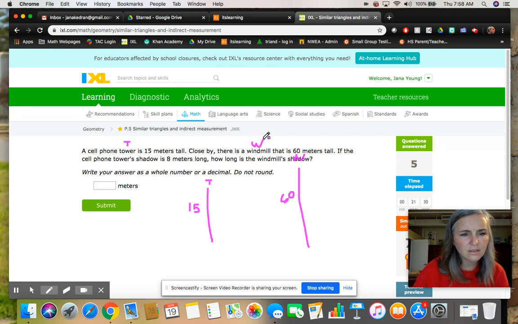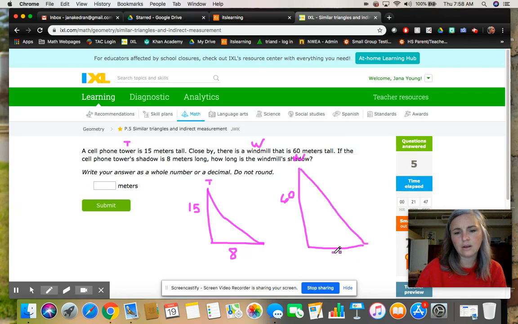If the cell phone tower's shadow is 8 meters long, right? So here's my triangle. How long is the windmill's shadow? Remember, shadow's on the ground.